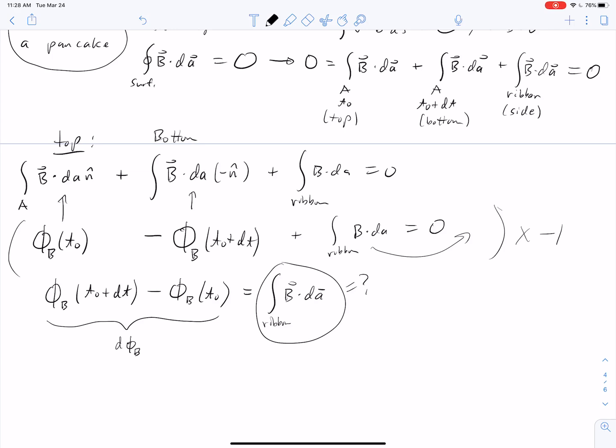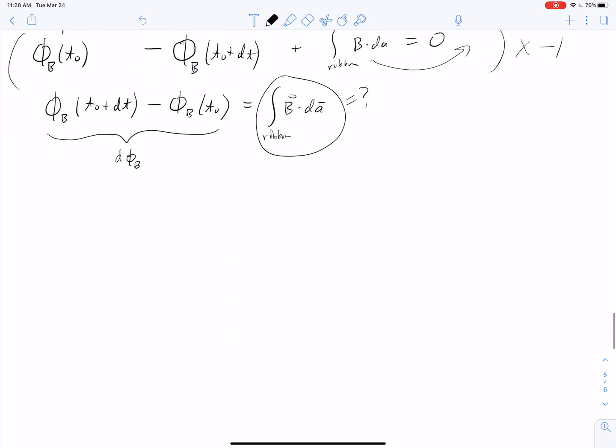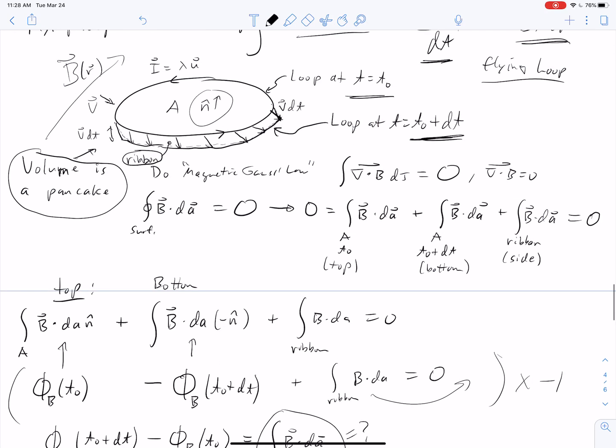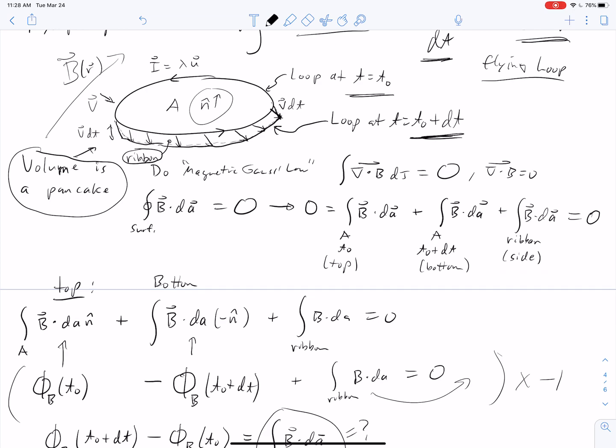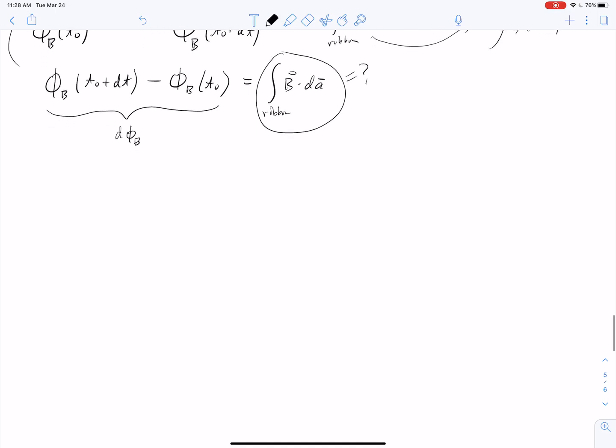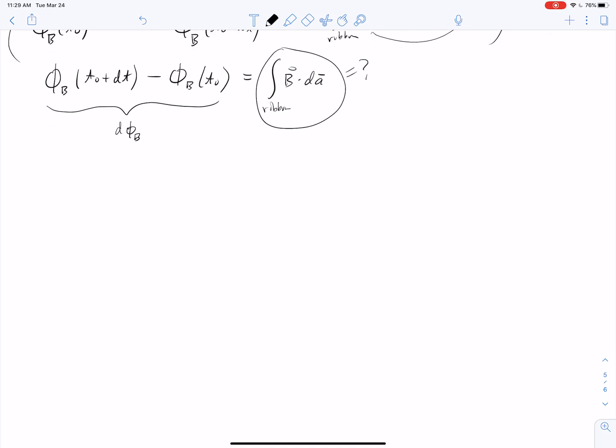To get the flux through the ribbon, we're going to do a little bit of geometry, so we're going to go back to this picture of the ribbon. Maybe I'll redraw it, because this is the situation. This is my ribbon. I'll exaggerate it. It's flying through the air.